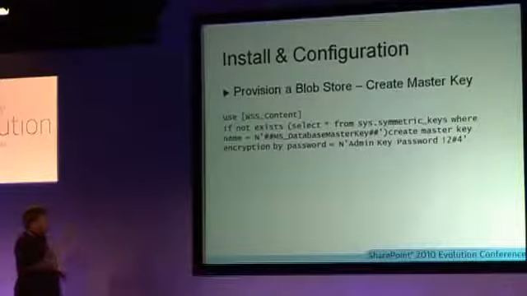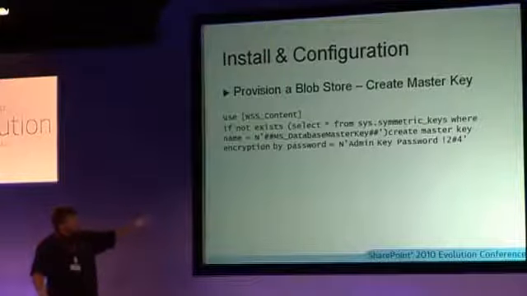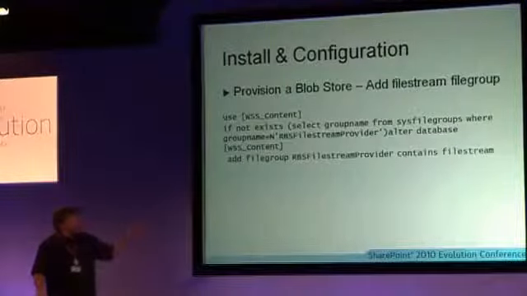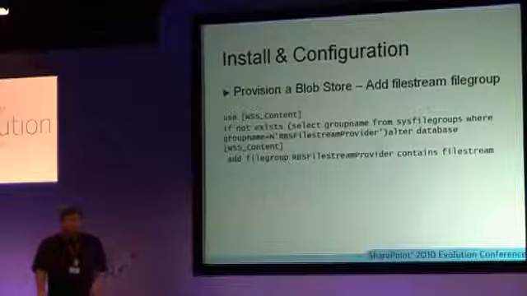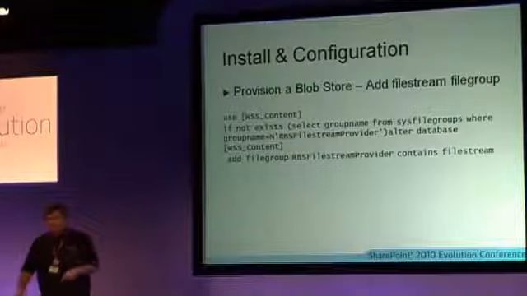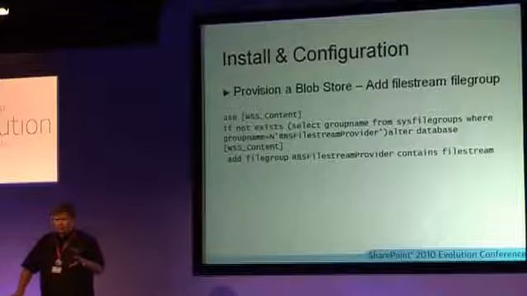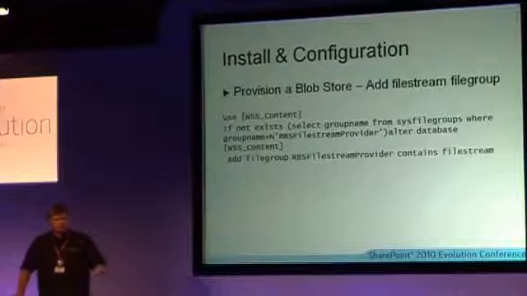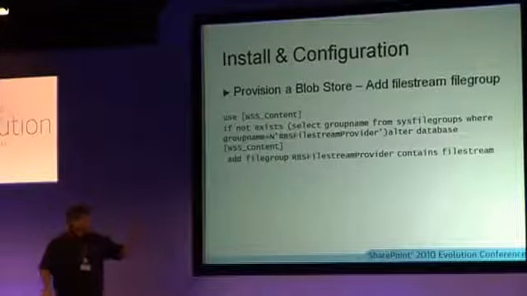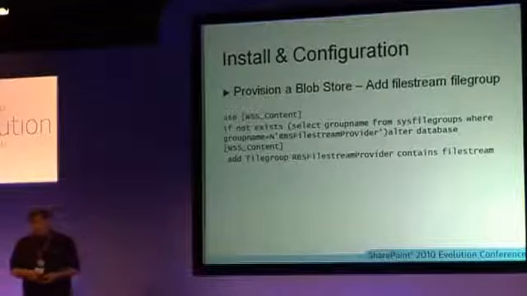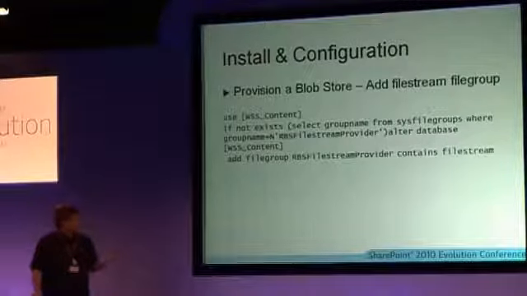So we go into the SQL Server. And again, I'm going to run through this in the demo anyway. We turn it on. We create the key. We then go ahead and provision the actual BLOBstore itself. So the BLOBstore is connected to the SQL Server database through a custom file group. So we provision a new file group. Very straightforward. The file group is of a type, a FileStream provider type.